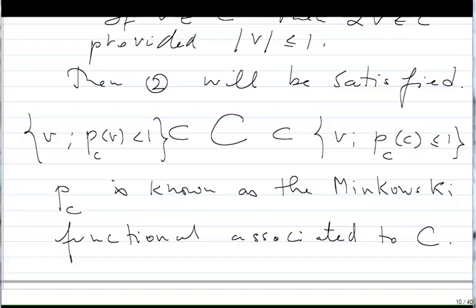So the family of seminorms, we do have a lot of them. That is exactly the point I'm trying to make here.